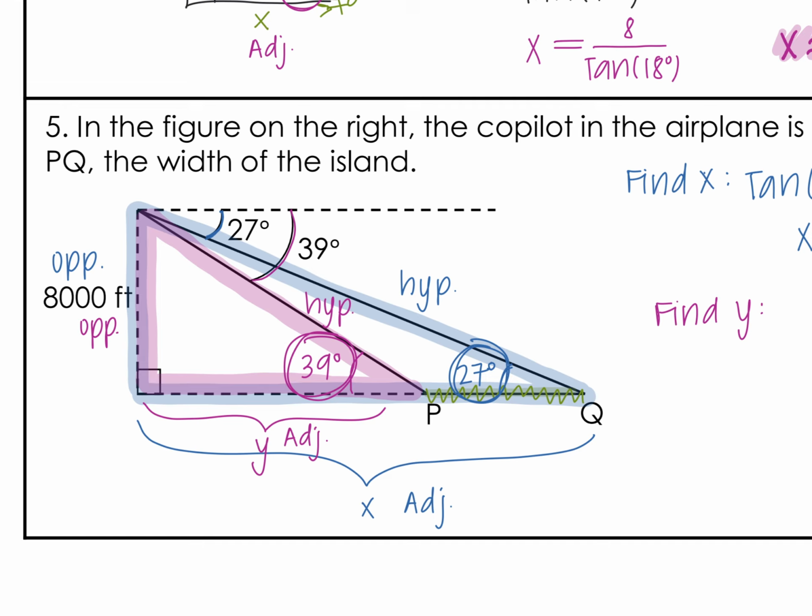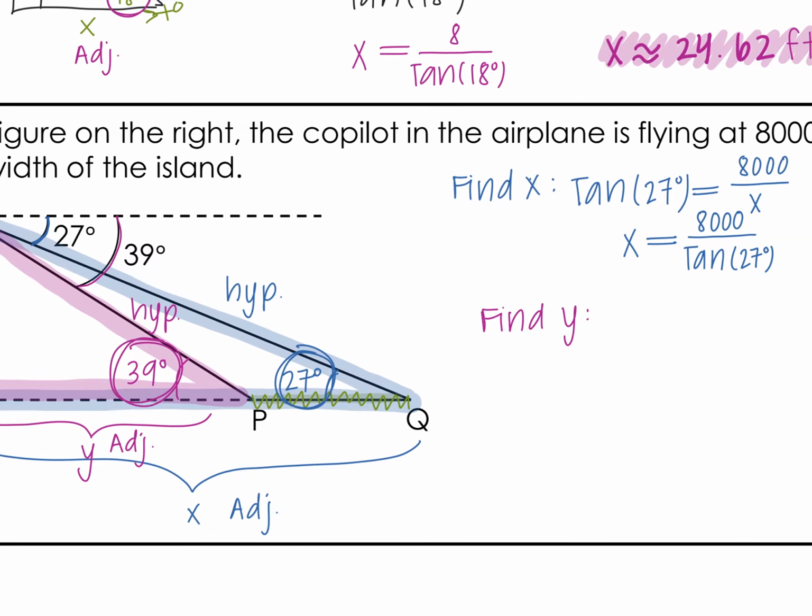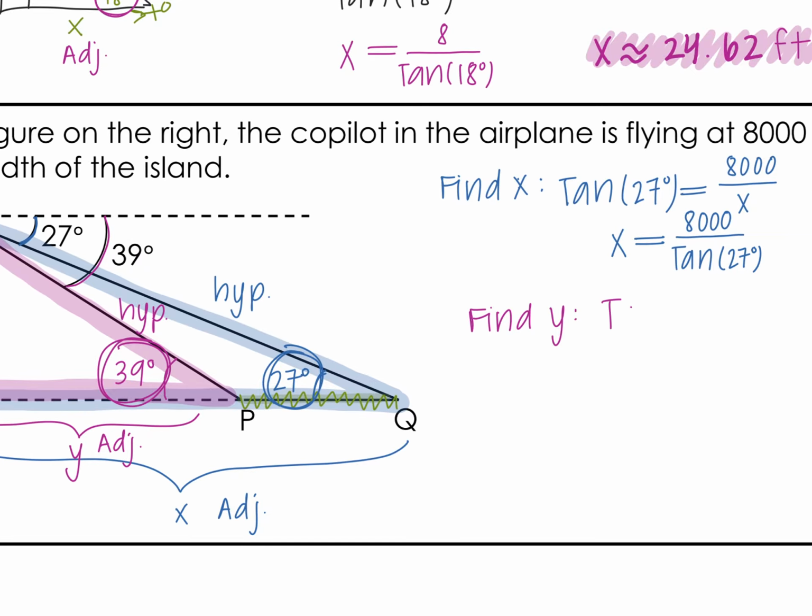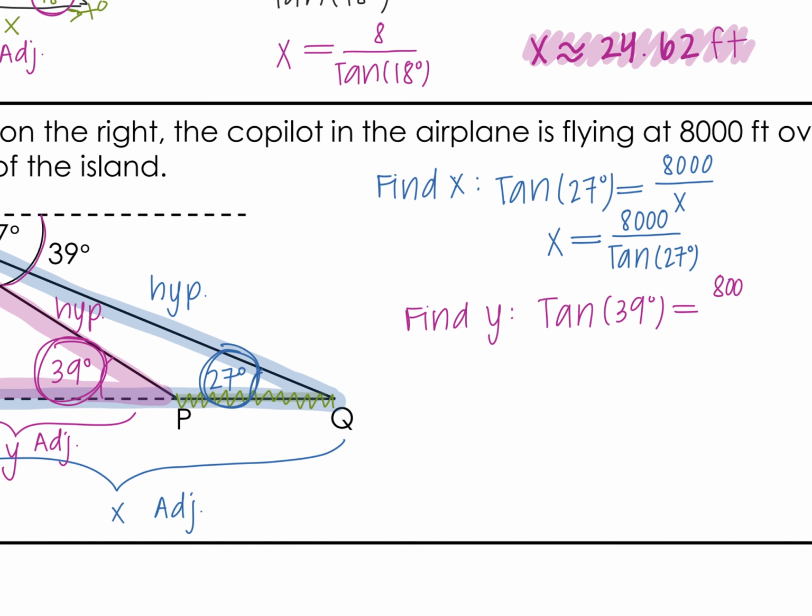Okay, you'll notice here once again we don't know my hypotenuse, so the only trig function that does not use hypotenuse will be our tangent. So we're going to use that tangent again, but this time of 39 degrees will be equal to my opposite, that 8,000, divided by my adjacent, which I called y.